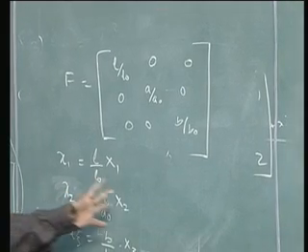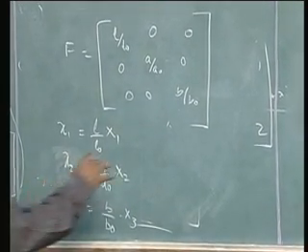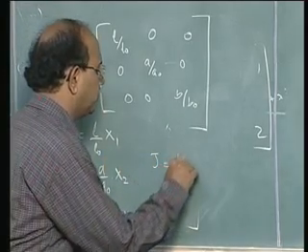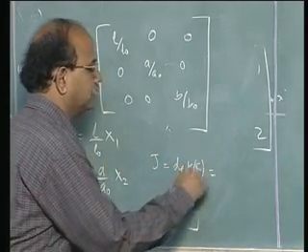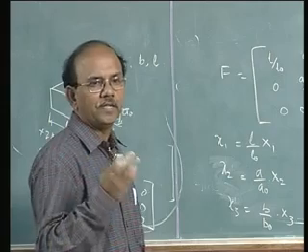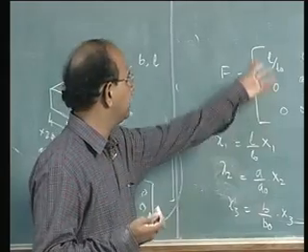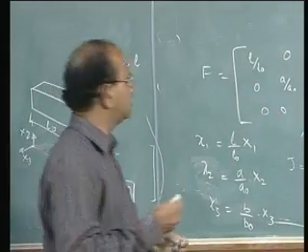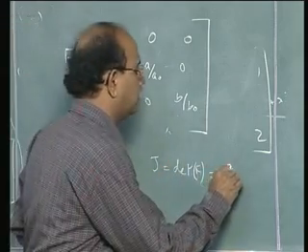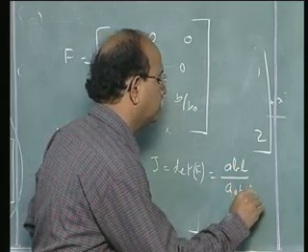Now what is the determinant of F, or J? Yes, it's very simple. You know dv by capital dV, small dv is abc. You need not even go through this. So we'll say abl by a0 b0 l0.